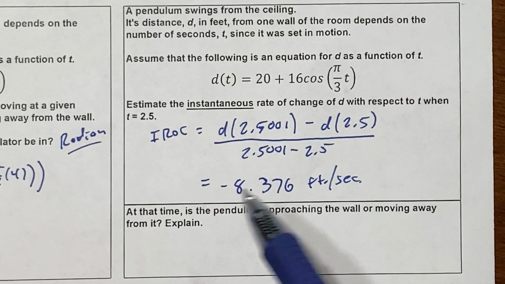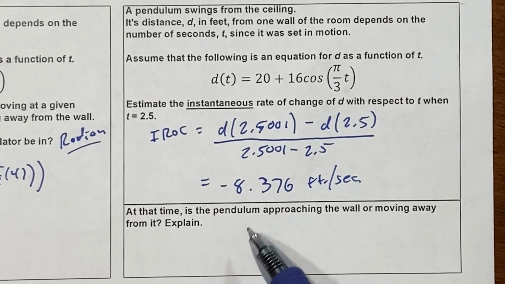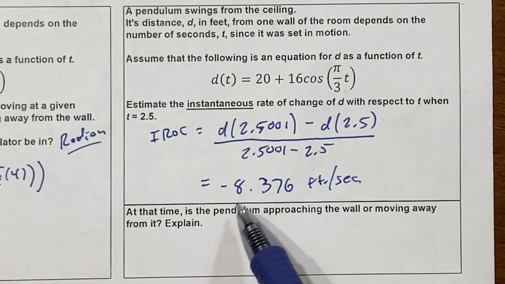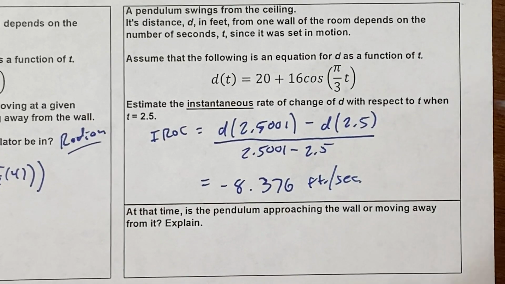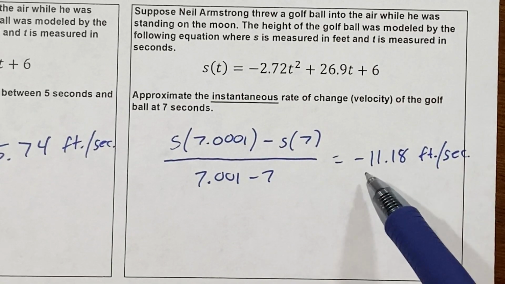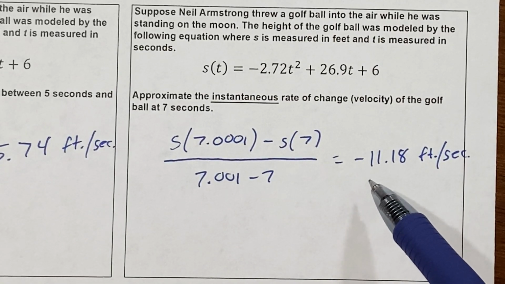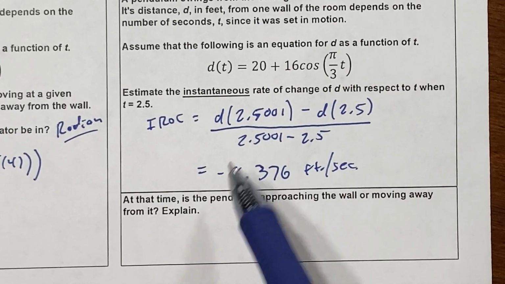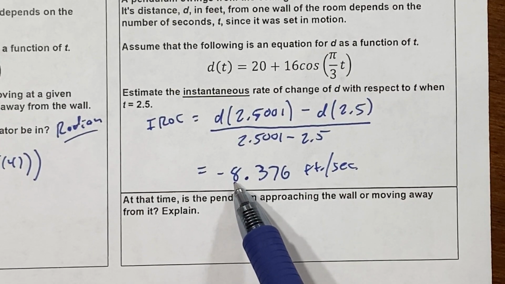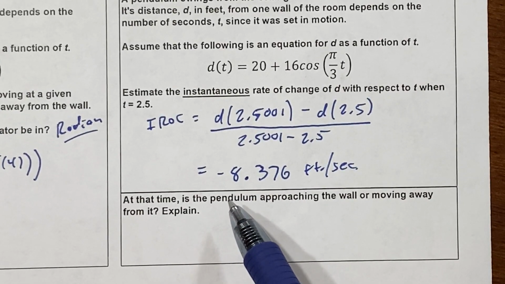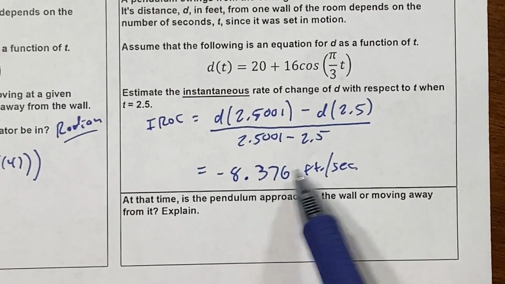And explain. Well, we got a negative number. What does that mean? Well, negative 8.376. Remember up here, that golf ball is getting closer to the ground, coming down. Right here, negative number, it's getting closer to the wall because we're decreasing here.